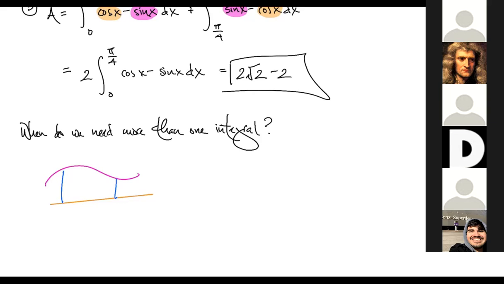So we're trying to find the area here. So we might have something like this for our rectangles. Do we want one or more than one? Only one, right? Okay. Well, what if we had, let's write that down. Only one. Let's say we had something like this. One integral or more than one?